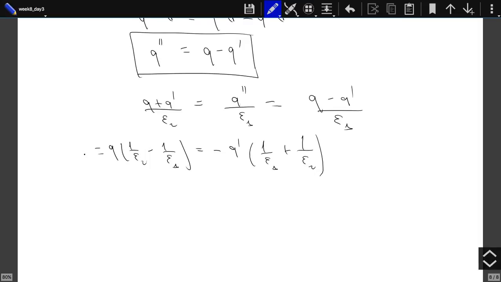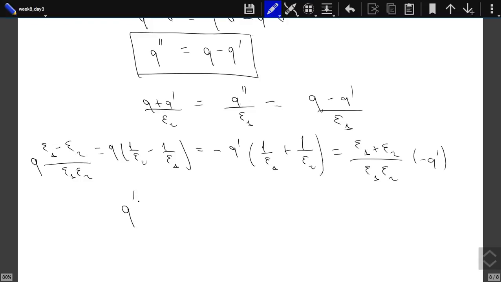So this is equal to epsilon 1 minus epsilon 2 divided by epsilon 1 times epsilon 2, multiplied by Q. This is epsilon 1 plus epsilon 2 divided by epsilon 1 times epsilon 2 times minus Q prime.